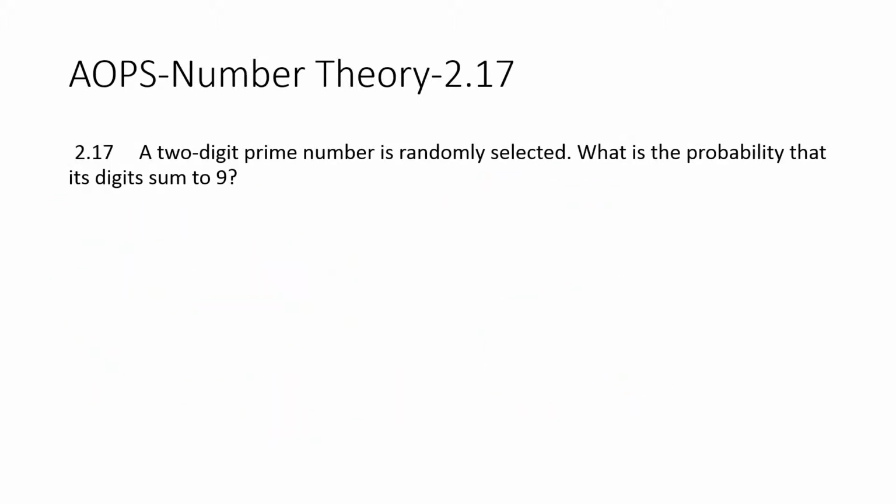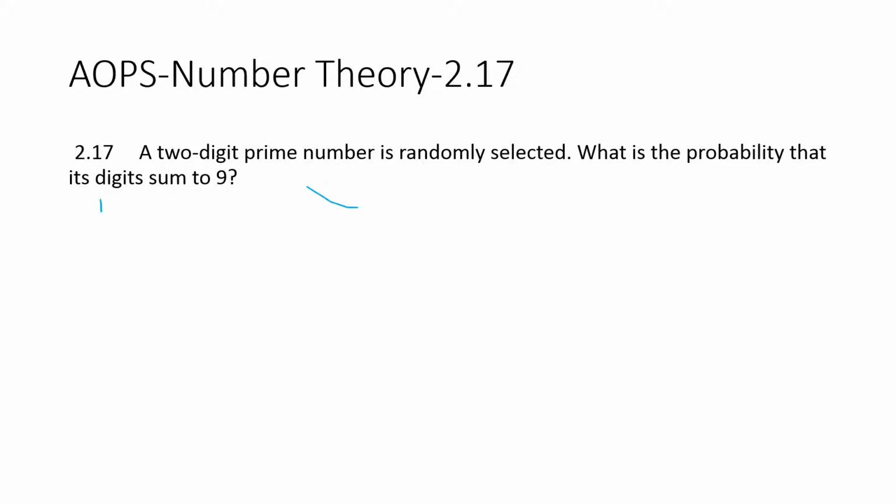2.17. A two-digit prime number is randomly selected. What is the probability that its digit sum is 9? So we're gonna list all the numbers that have digits with sum 9.